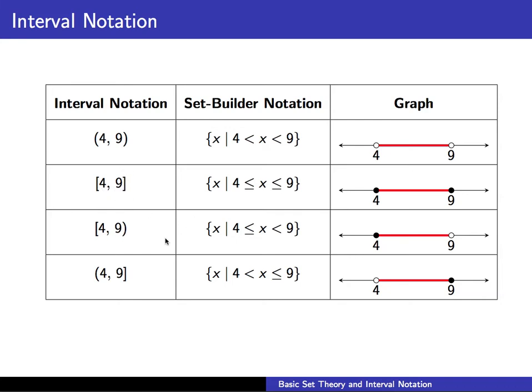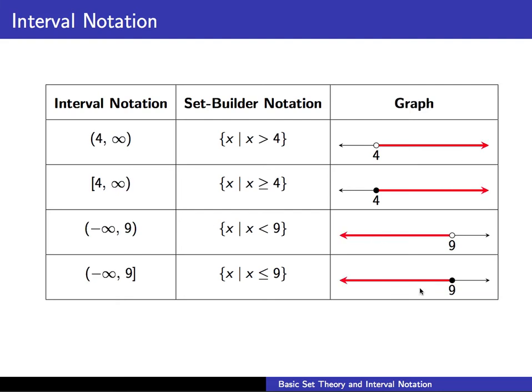We can also have a mix and match. We can have one of them have a closed circle where it can equal 4, another one have an open circle where it's not allowed to equal 9. So here we have between 4 and 9 where we are including 4, but we're not including the 9. So any number between there will work. Same thing with switching it up for open circle with 4, closed circle with 9.